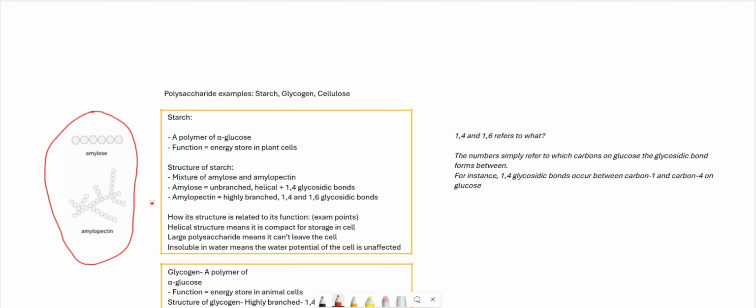Amylose is unbranched, helical, and has 1,4 glycosidic bonds, whilst amylopectin is highly branched with 1,4 and 1,6 glycosidic bonds. Now, you might be thinking, what is branched? What is unbranched? What is helical? What are glycosidic bonds 1,4 and 1,6? I'm here to explain that.